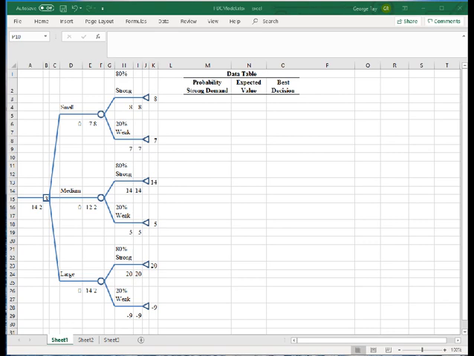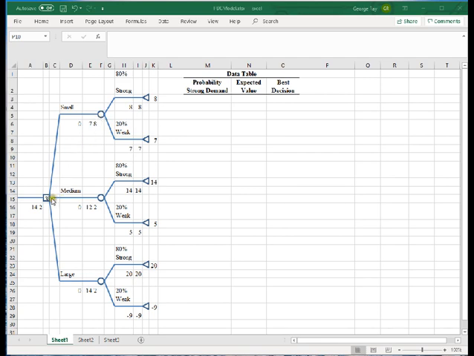Now you'll be doing a Bayesian analysis, and we'll be going through that shortly, but you'll still need to set up the arrows and the circles and the squares and the triangles. And of course, the circles, as mentioned in the text, are chance events.